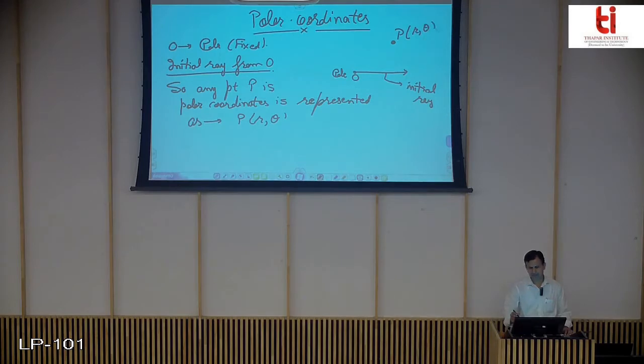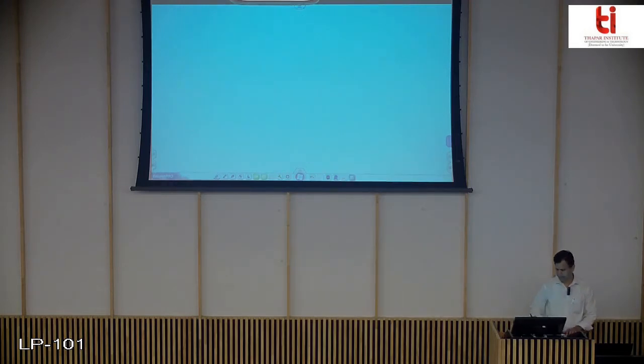You know this thing, but let us have some review of r and θ. So every point P in polar coordinates is represented by P(r, θ), where r is the directed distance from O to P, and θ is the directed angle that line OP makes with the initial ray. So let me write it here on the next page.